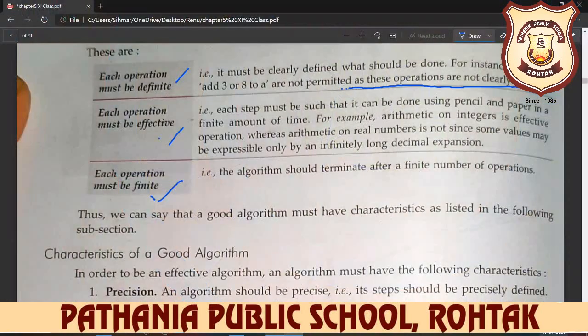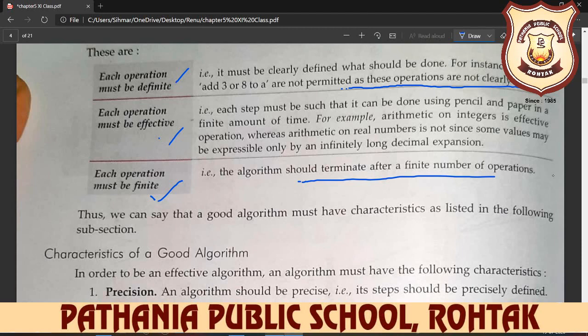Your program will continue until 10 is reached. 1, then again continue with 2, then 3, then 4, then 5, then 6, then 7, then 8, and the last is your 10. So the algorithm should terminate after a finite number of operations.